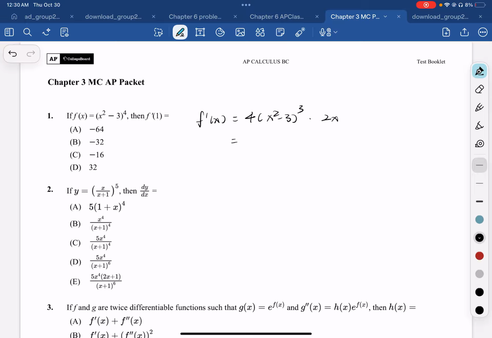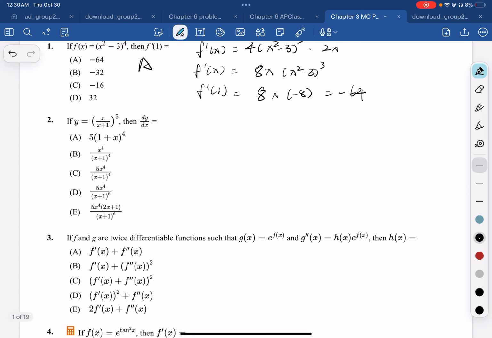And the derivative is 8x times parentheses x squared minus 3 raised to power of 3. We plug in the 1 to the function, it becomes 8 times 1 minus 3 is -2, -2 raised to 3 is -8, and what we got is -64. So this one we got A.